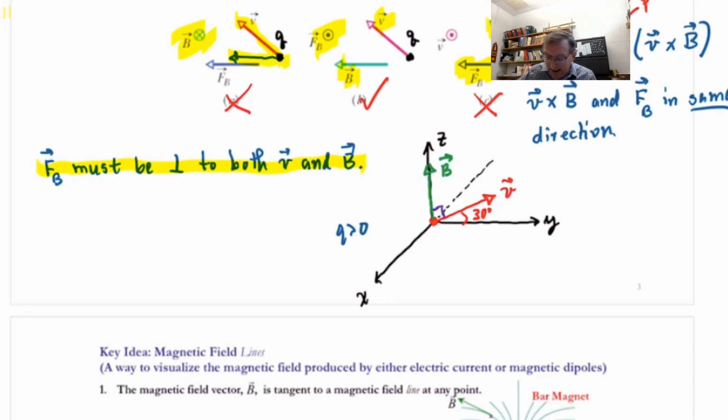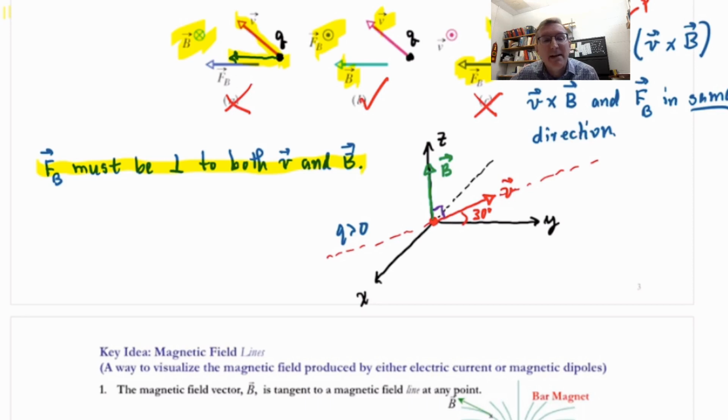The V and the B's plane intersects the XY plane along this line, and it goes straight up and down, containing the Z-axis. The magnetic force has got to be perpendicular to this plane that goes straight up and down, containing the Z-axis, and intersects the XY plane along that dashed line.